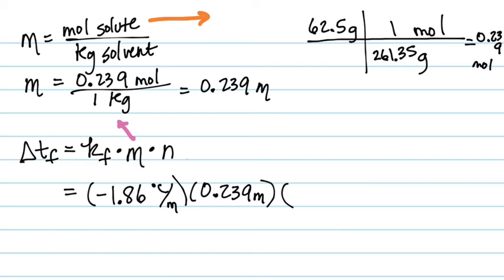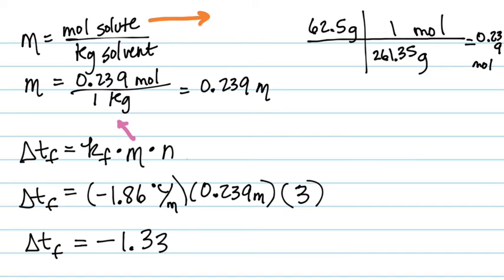So the number of particles is 3. So the freezing point depression, or delta TF, ends up being negative 1.33 degrees Celsius.